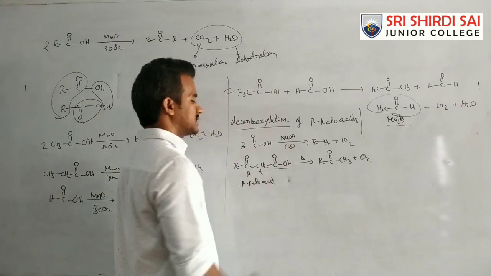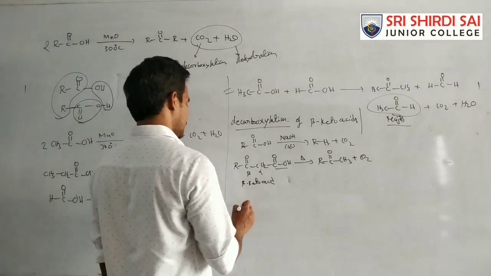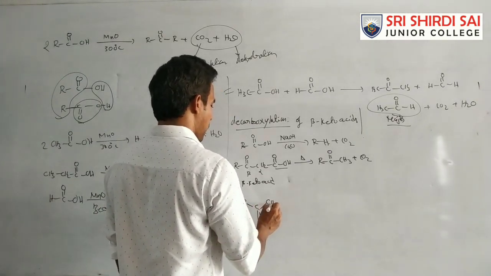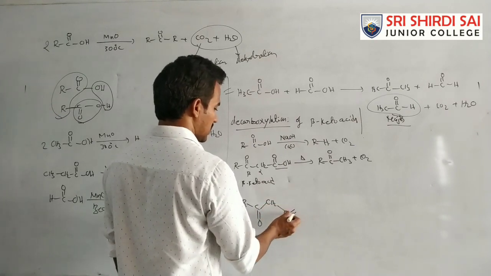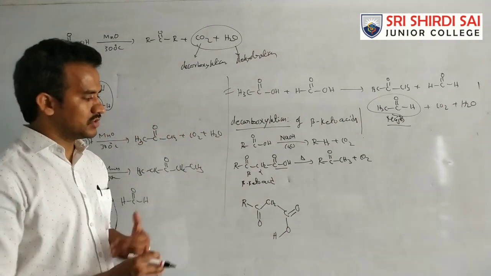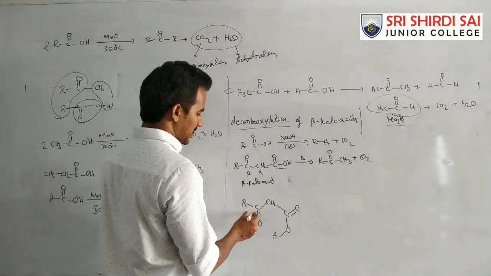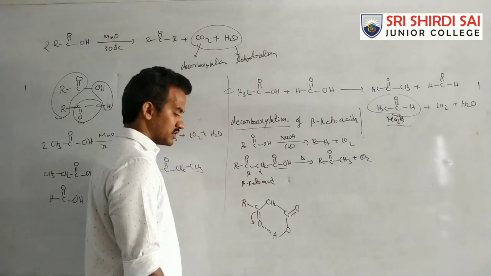Now, beta keto acid on heating, decarboxylation takes place. How does this reaction take place? Generally RCOCH2COOH, the beta keto acid. The CO2 is removed by a cyclic transition state. In this case, the pi electrons transfer to this one, and this oxygen is attracted towards hydrogen.